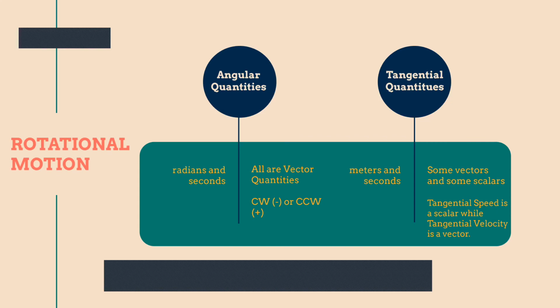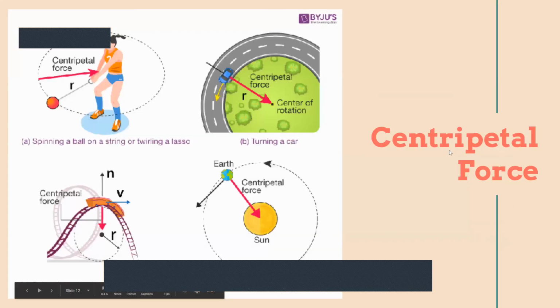I don't think it would be clockwise or counterclockwise, because tangential velocity is at that very instant. If you look at it at that instant, your arrow is pointing up, down, south, east, south of north, anything like that. All right, so the last thing we're going to talk about is centripetal force.